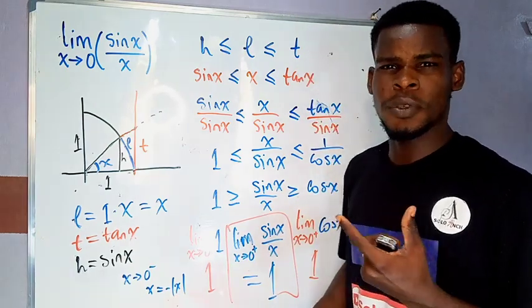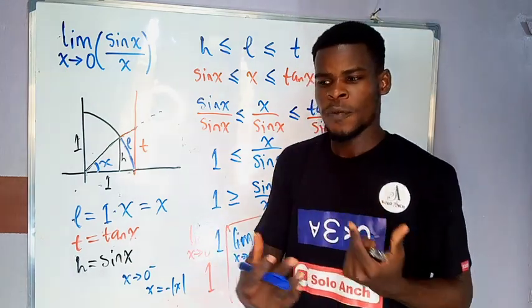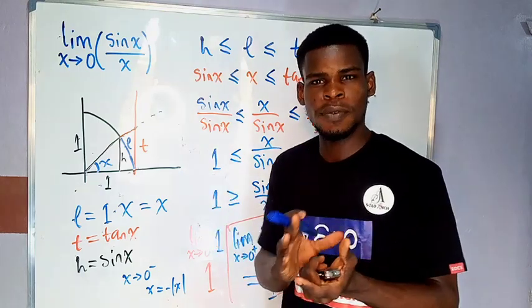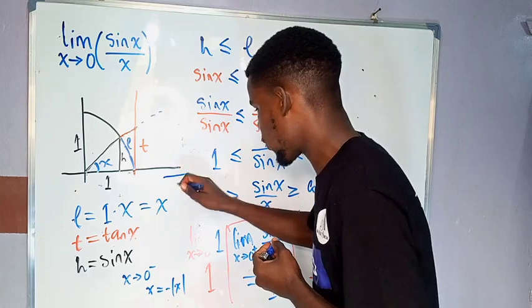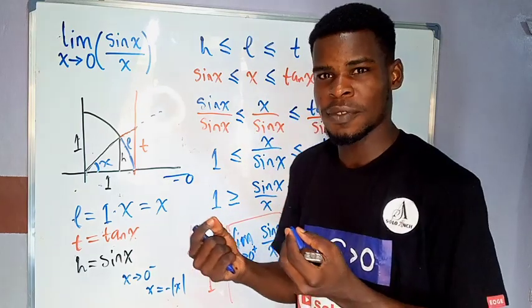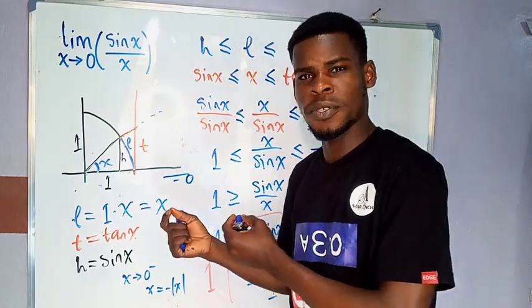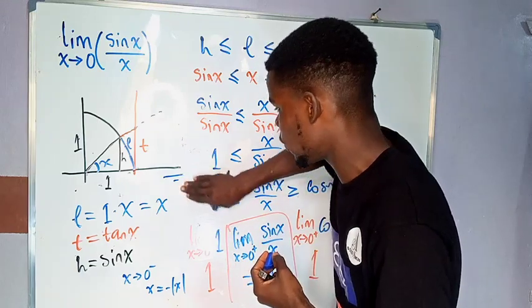You notice that approaching 0 from the left means very small negative numbers, that is, just before 0 from the left, negative numbers like negative 0.1, negative 0.0001. So very small but negative numbers.